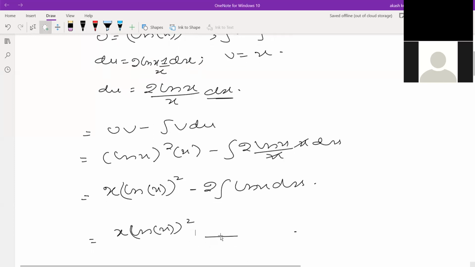There are again two functions. We can't just say that the integral of ln x is 1 over x. So we have to take integration by parts again.